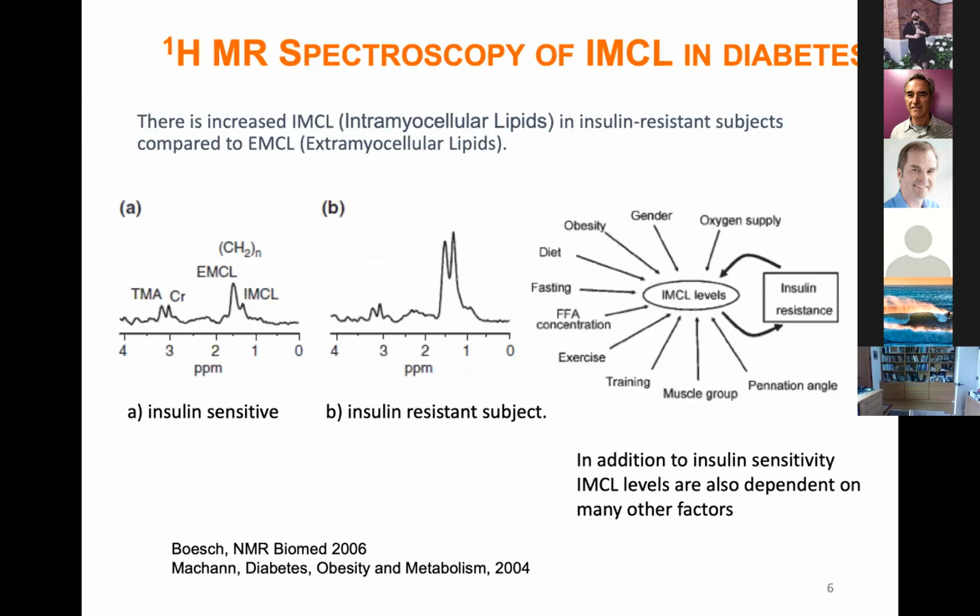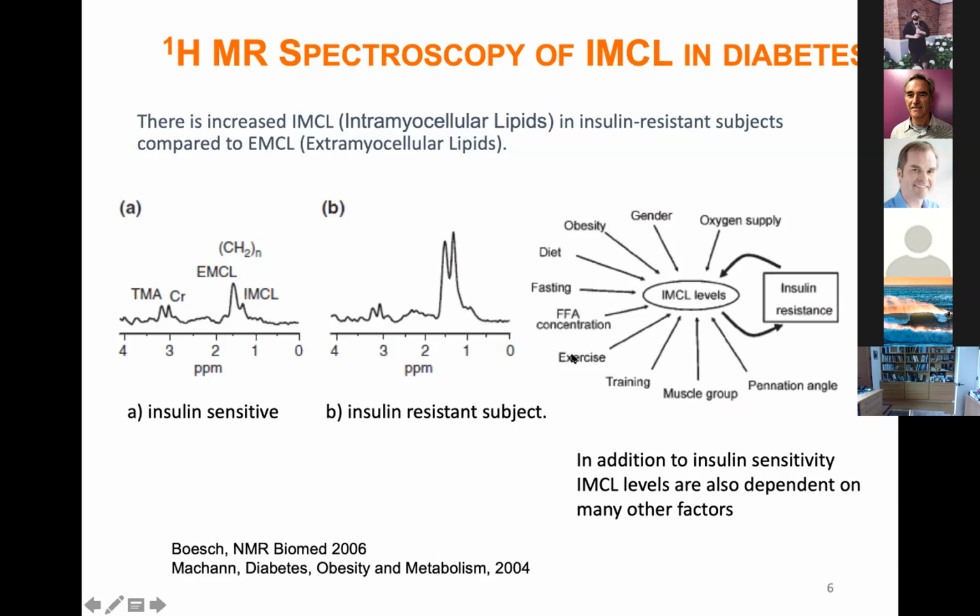There's also some other research looking at increased IMCL in insulin-resistant subjects compared to EMCL. You can see here a publication from Bush et al. On the left, you see an insulin-sensitive subject. There is very little IMCL, and then there's the insulin-resistant subject, and you see the IMCL peak is greatly elevated here.